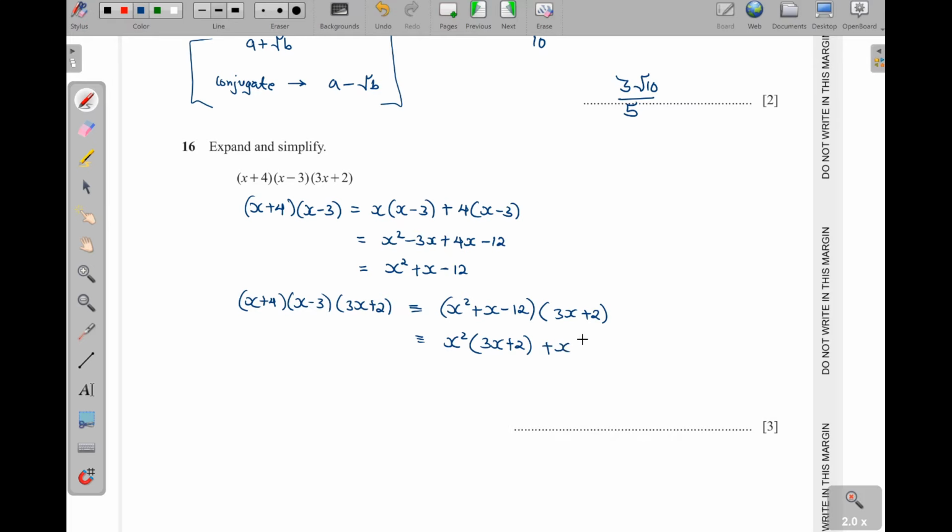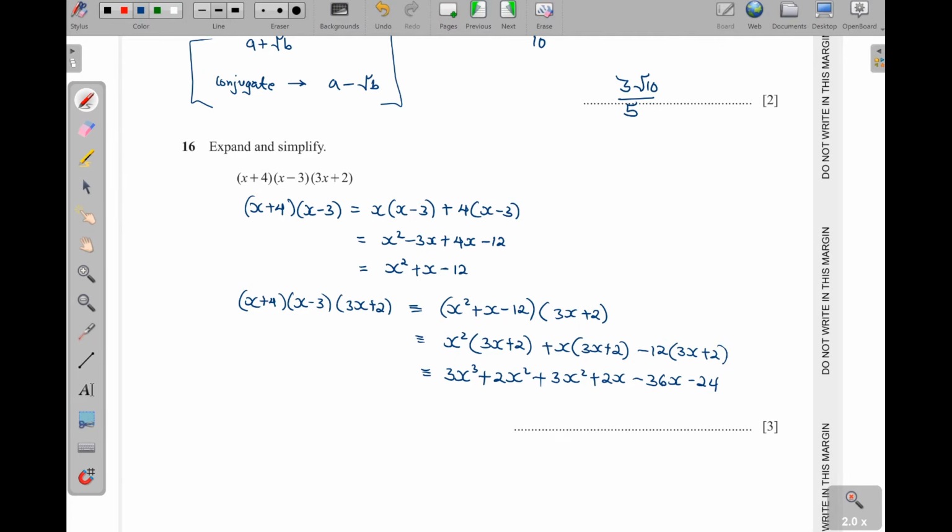So I'll have here x, again multiplying 3x plus 2, and then minus 12, also multiplying with the 3x plus 2. Okay, then 3x times x squared, that will be 3x cubed, then plus this will be 2x squared, then here 3x squared, then plus 2x, and then minus this will be 36x, then minus the 24.